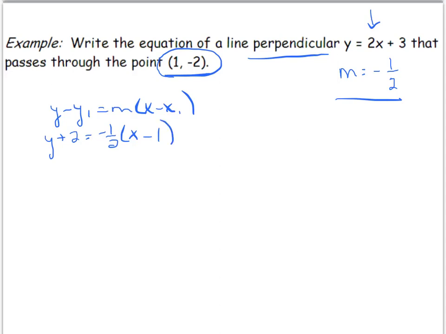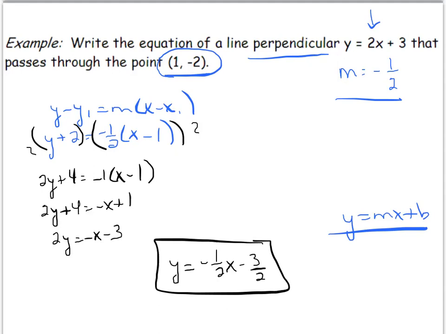Now I want you to actually solve and make it y equals mx plus b form. From here, to get rid of this silly little fraction, I would multiply both sides by 2.